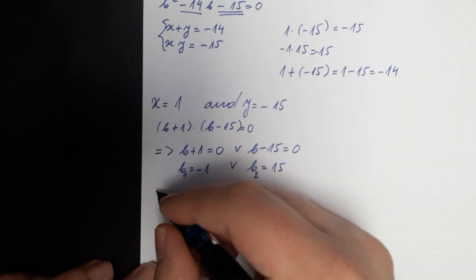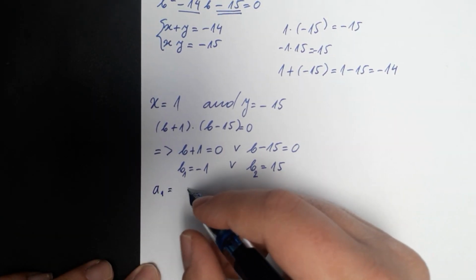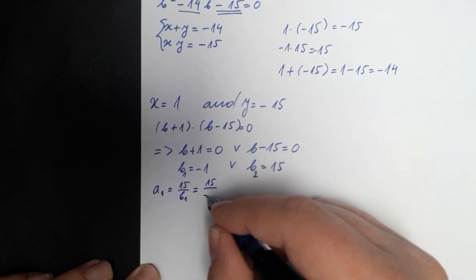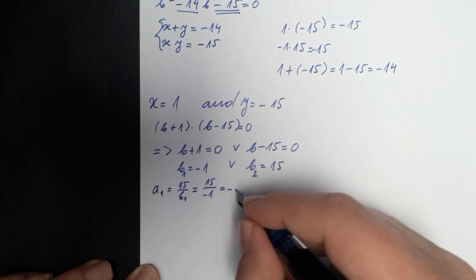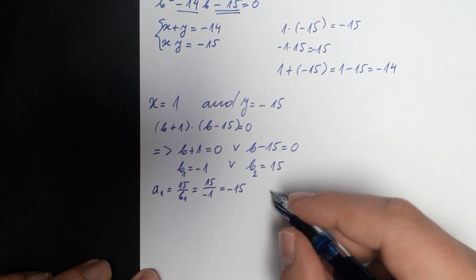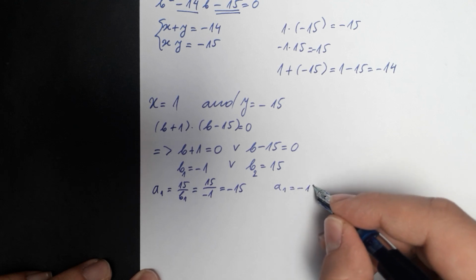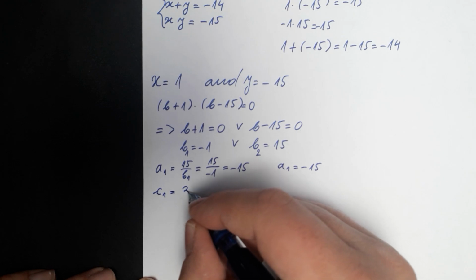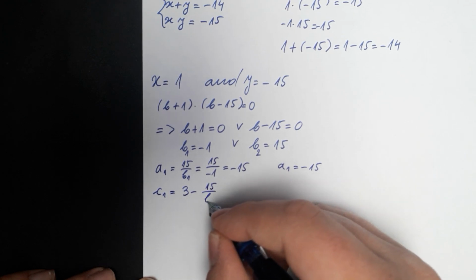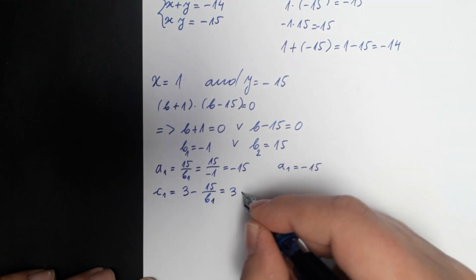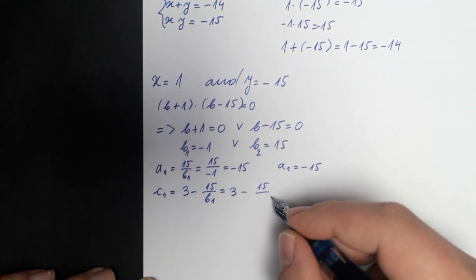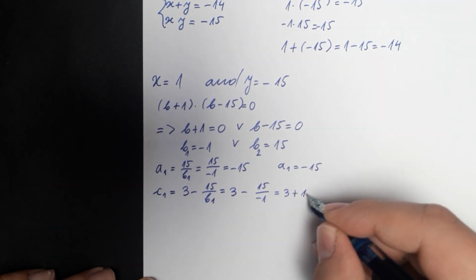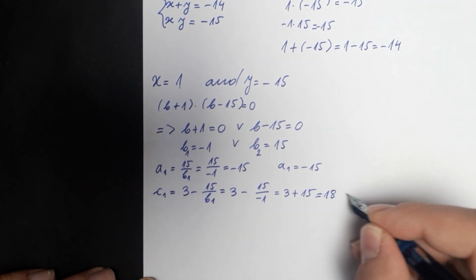So we get in the first case that a1 is equal to 15 over b1, which is equal to 15 over -1, which is -15. So a1 has to be -15. c1, we have found that it is equal to 3 minus 15 over b1, which is 3 minus 15 over -1, and that is equal to 3 plus 15, which is equal to 18.